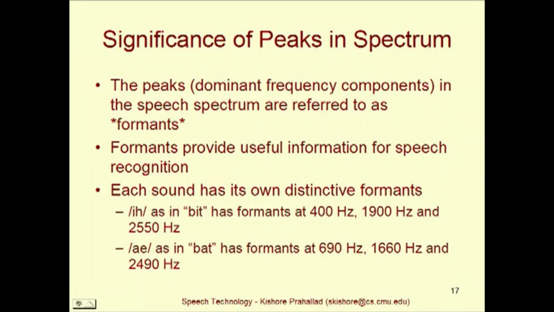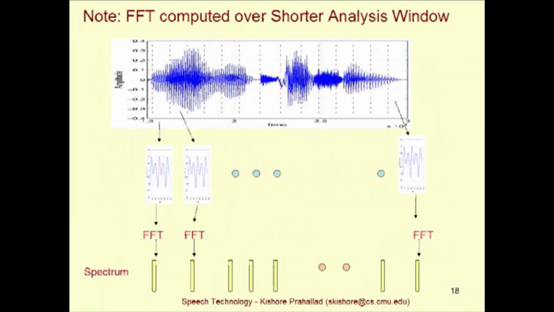That's where the spectrum is essential or plays a major role in building speech recognition systems. So let's look at how we compute FFT over the entire speech signal. Again, as we have seen in the previous lecture, we would divide the speech signal into shorter regions.